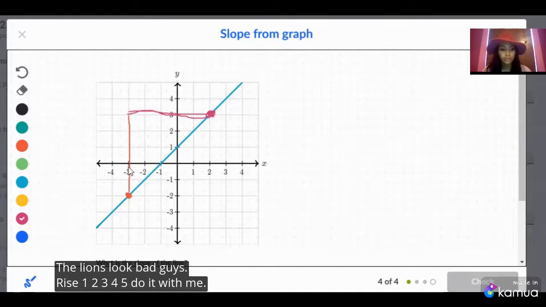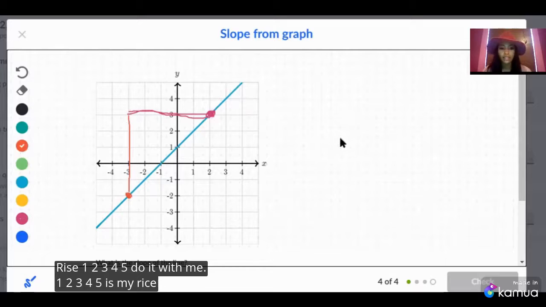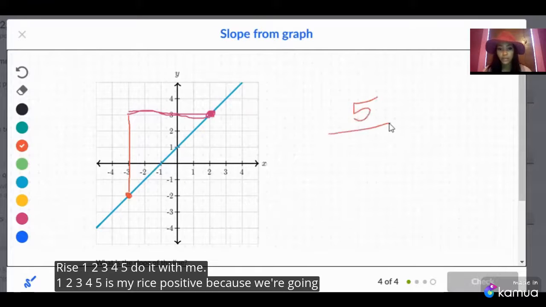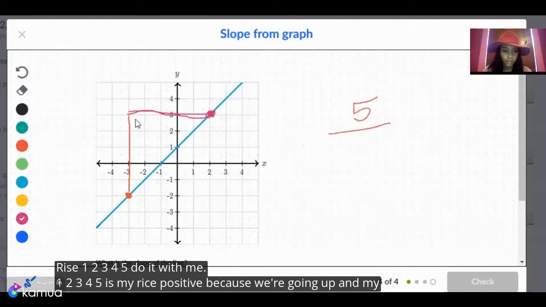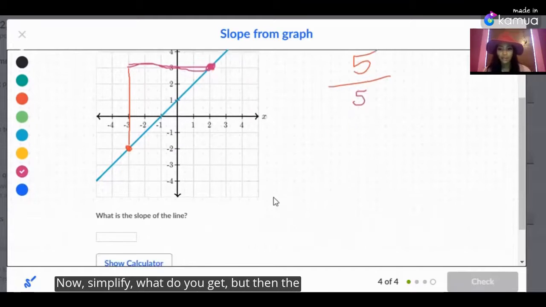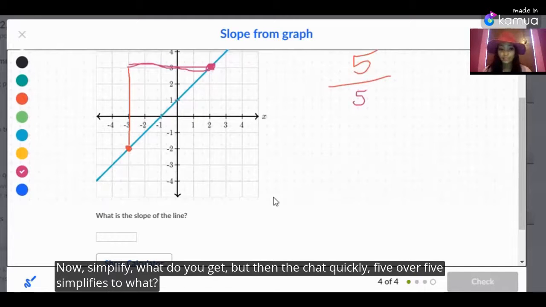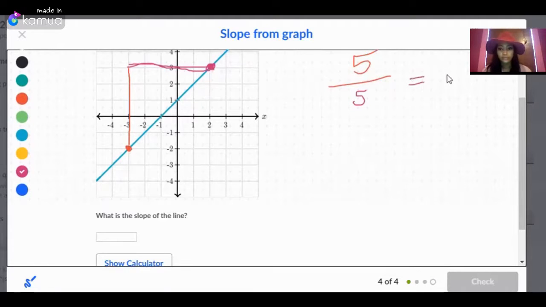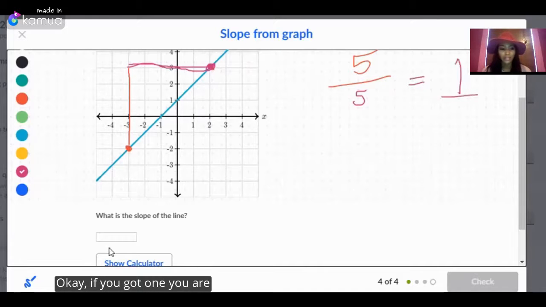Do it with me. 1, 2, 3, 4, 5 is my rise, positive because we're going up. And my run, 1, 2, 3, 4, 5. Now simplify. What do you get? Put that in the chat quickly. 5/5 simplifies to what? What's the slope? Okay, if you got 1, you are right. Very good.